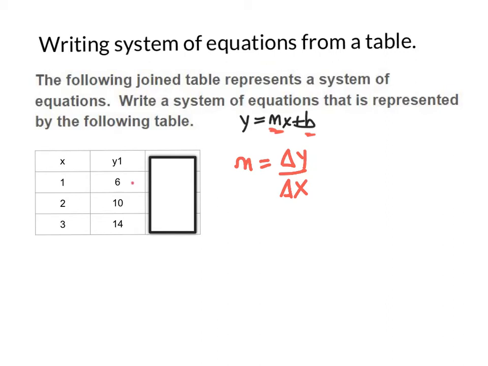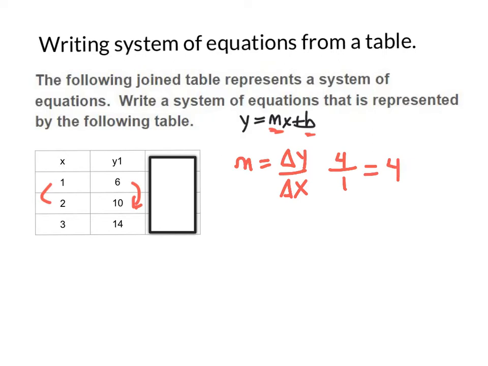But if we just look at the change here from 6 to 10, that's a change of +4. And if we look at the change from 1 to 2, well, that's just a change of 1. So our slope is 4 for that equation.